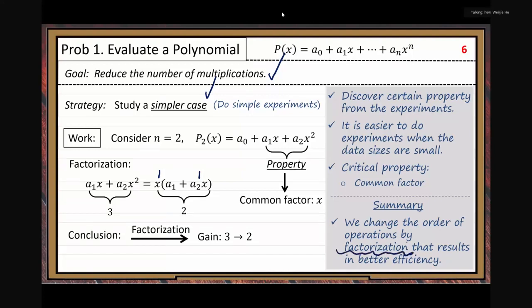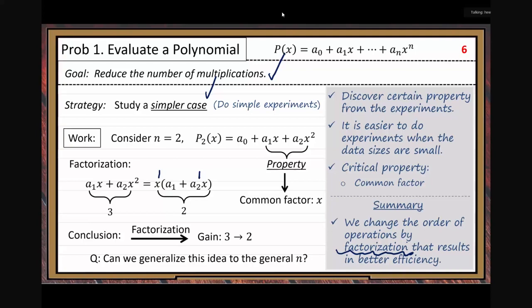Why can we do the improvement? Because we take advantage of this factorization technique. That's the key to the success.